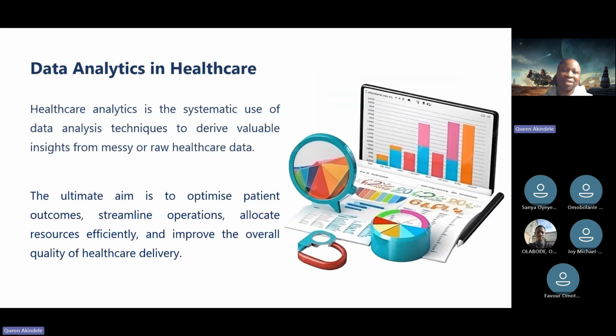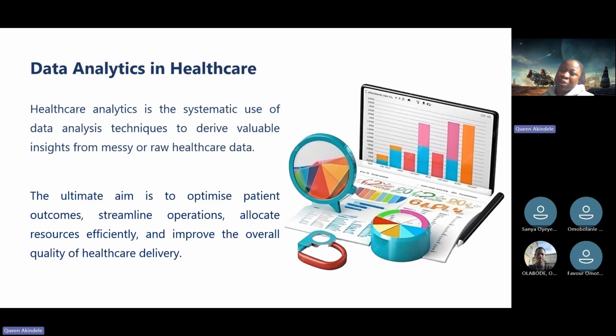So here we're wondering what data analytics in healthcare is about. Rather than saying data analytics in healthcare, you could just call it healthcare analytics. It basically involves the systematic use of techniques in data analysis, borrowing them into the field of healthcare so that you can derive valuable insights from your healthcare data.